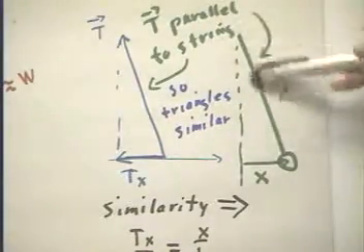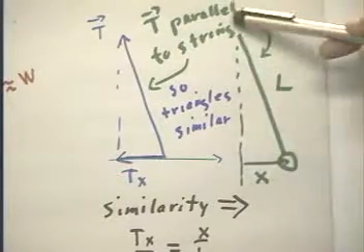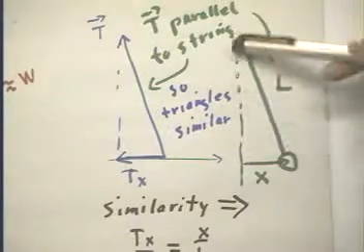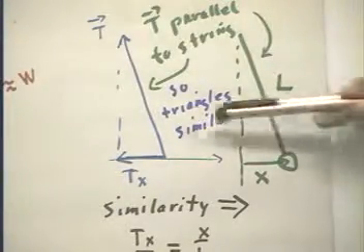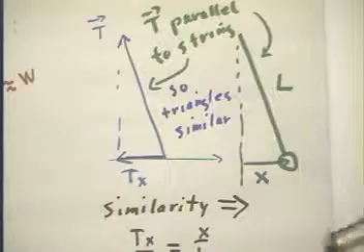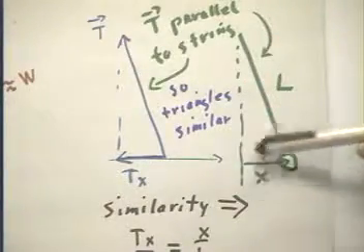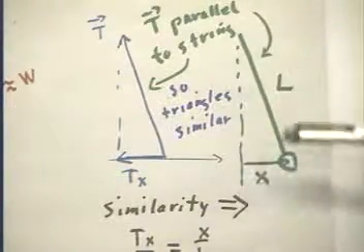And here's a picture of the actual string, the x displacement, and the equilibrium position of the pendulum. Of course there's a right angle here because the equilibrium position of the pendulum is vertical. These two triangles are therefore similar, which means that the ratio of Tx to T is the same as the ratio of x to L. The sides are in the same ratio.